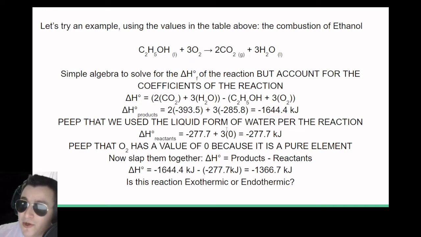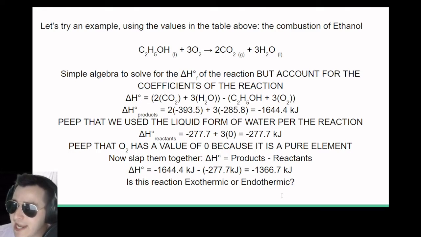But notice that O2 doesn't actually contribute here because O2 is an element in its pure state. Therefore, mathematically, 0. And so at the very end, we have reactants minus products. Sorry, the exact opposite. My goodness, scratch that. Products minus reactants, and we get an overall delta H for the reaction of negative 1,366.7 kilojoules.